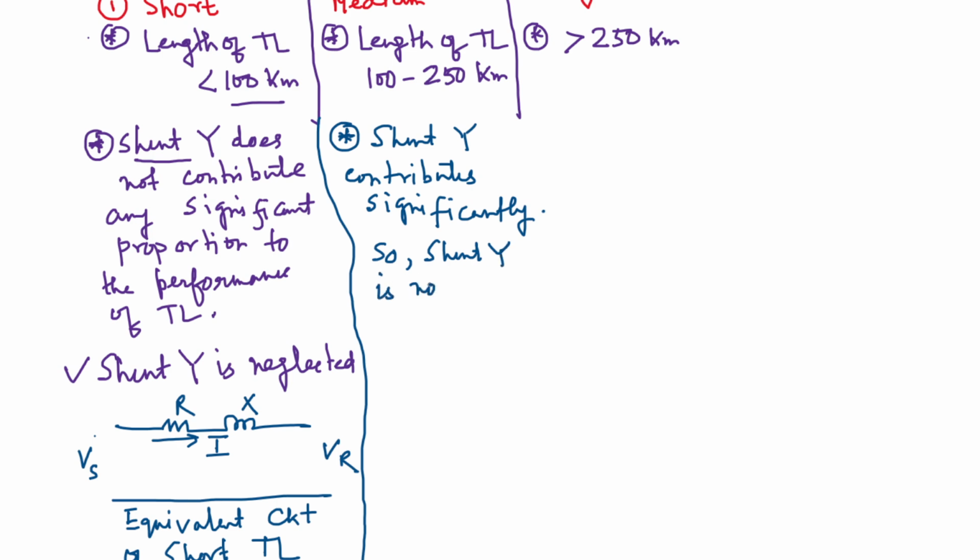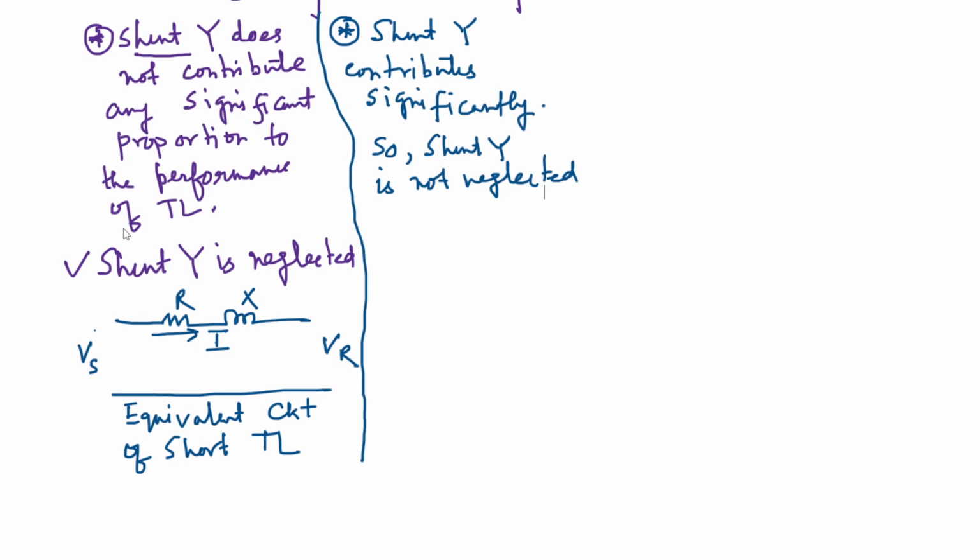However, since the length is in the medium range, 100 to 250 km, the equivalent circuit of the medium transmission line can be considered as a lumped parameter model.